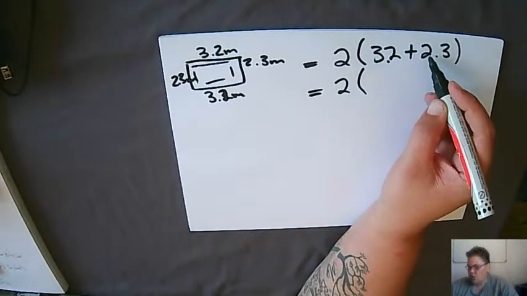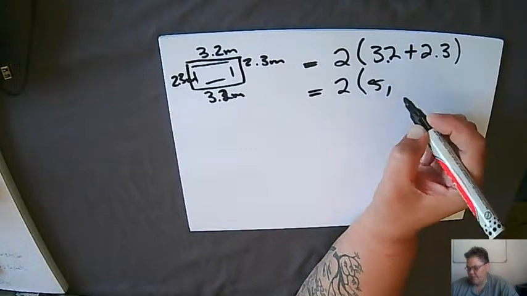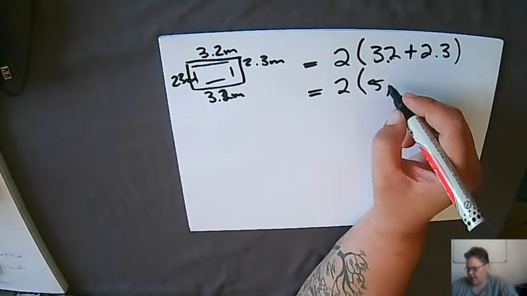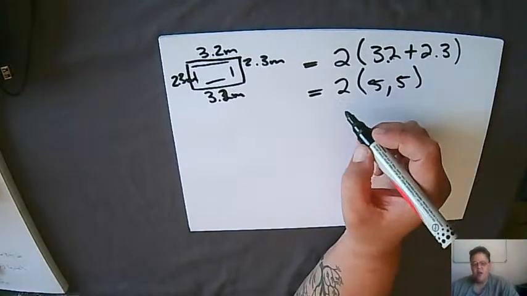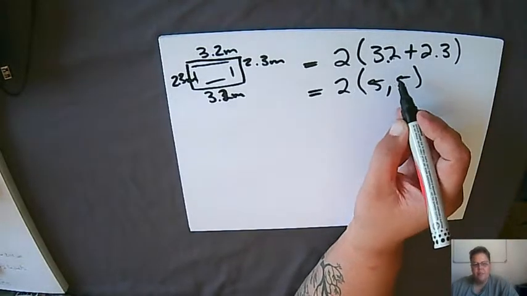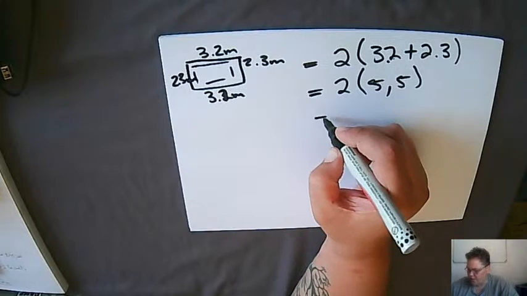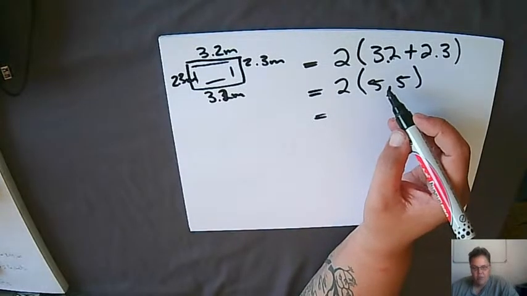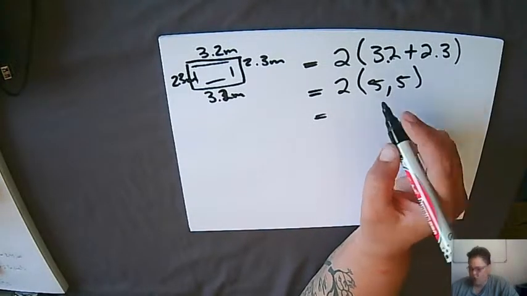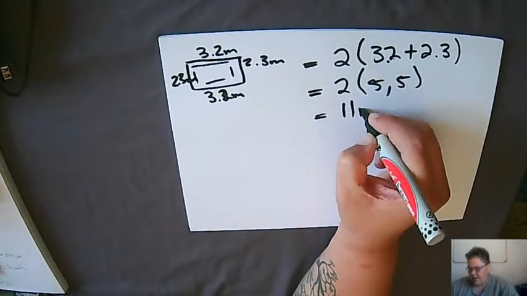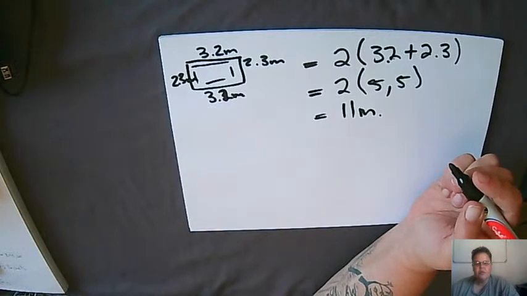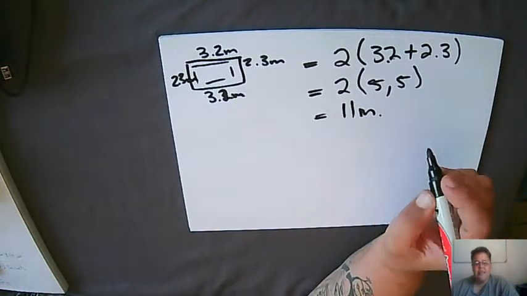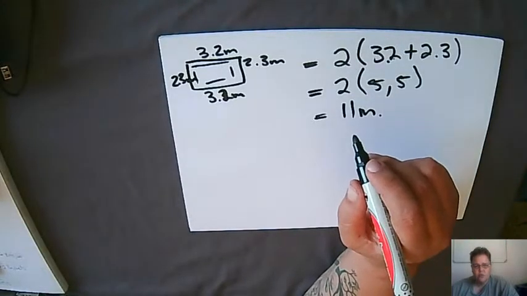So 3 plus 2 is 5, 2 plus 3 is 5, close the brackets. Then now we know we can multiply this. So 5.5 times 2 is 11 meters. So he is going to need 11 meters of fence to cover his entire pool. Okay?